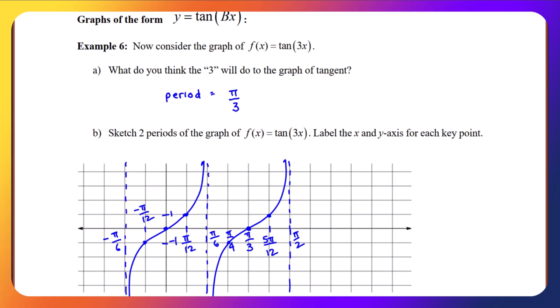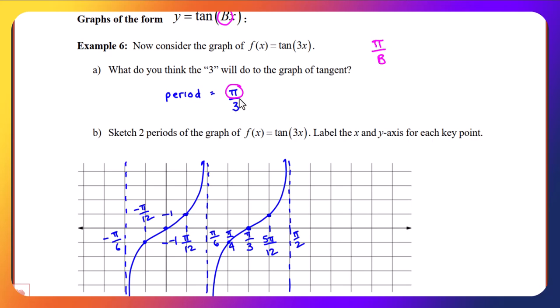We saw for tangent, the normal period is pi, not 2 pi. So we have our change of our period, we divide by b, it'll be pi over b, not 2 pi, and in this case it's 3.